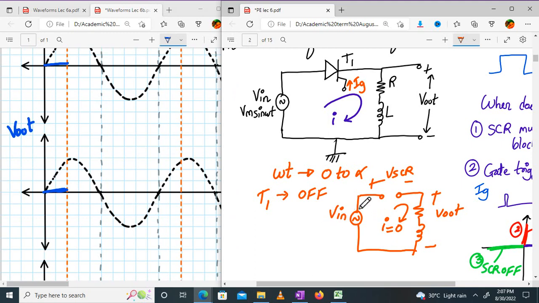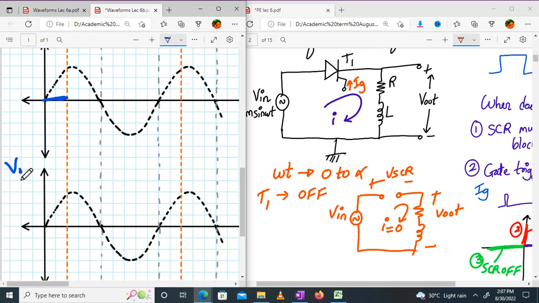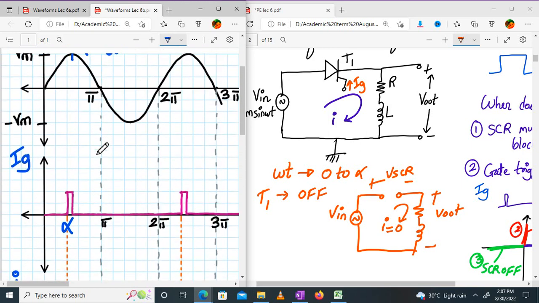Remember, V in is equal to VSCR plus V out. So V out is 0, so V in will be equal to VSCR. That means as your V in is behaving, the same way your VSCR is behaving. Voltage across the VSCR is same as V in. So this dotted line is my V in. This is voltage across T1. Clear?